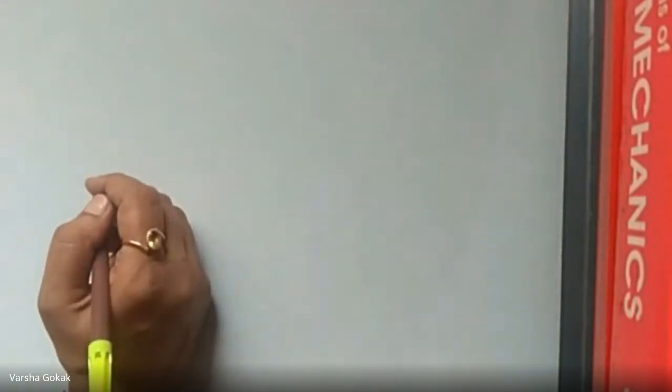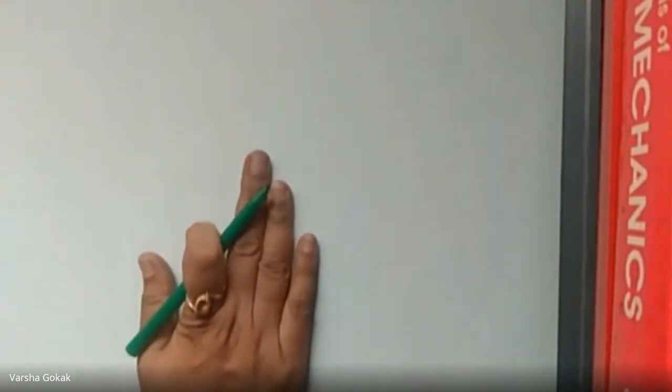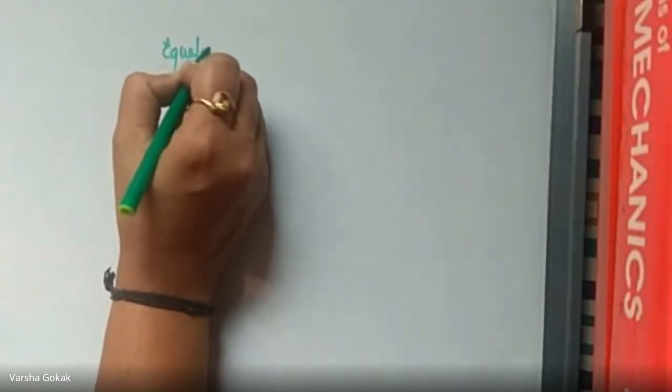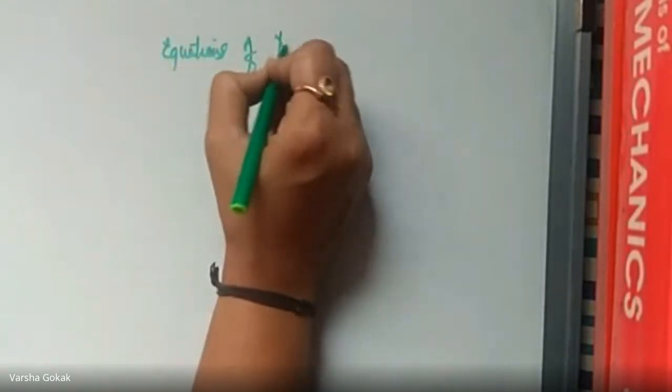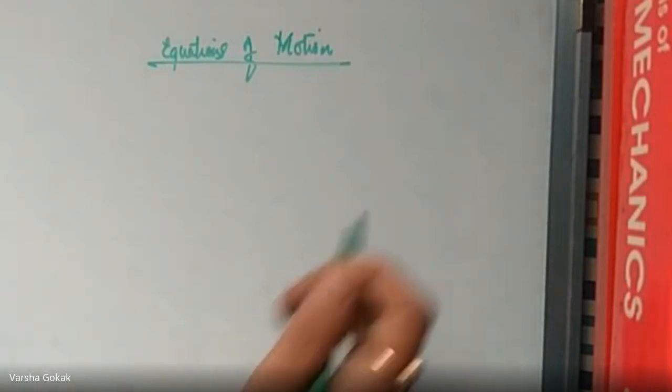I had asked you to go through the derivation for equations of motion, but I think I'll do it myself because many times they have asked it in the question paper. So we'll just derive the three equations of motion. The derivations are important because it has been asked 2-3 times in the question paper for around 8 marks.